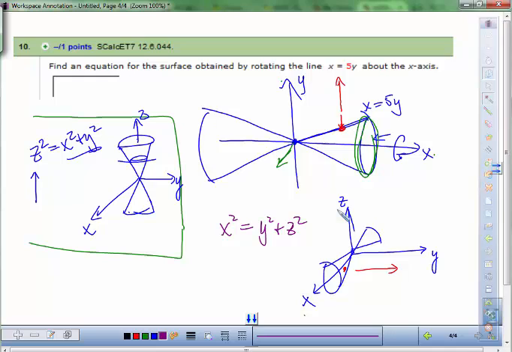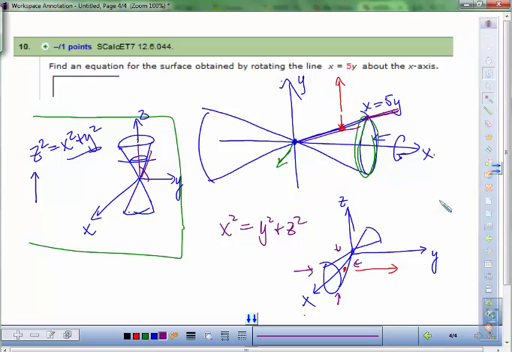Are we good so far? Okay. So now this isn't quite it though, because this is one of those 45-degree perfect kind of cones. But this cone is actually squashed down a little bit towards the x-axis. So how are we going to compensate for that squash? I think one way is that if we look at this equation, x is equal to 5y, this thing has squashed down along the y and the z, right?